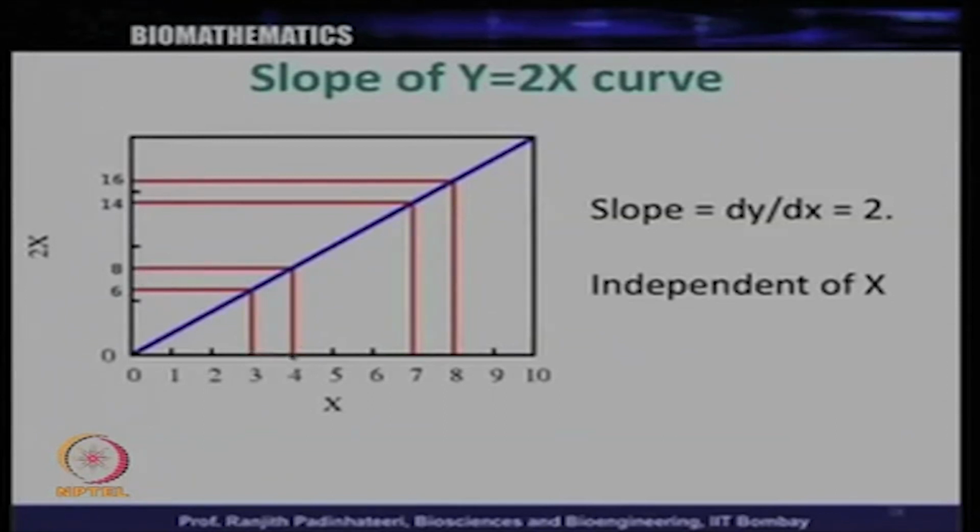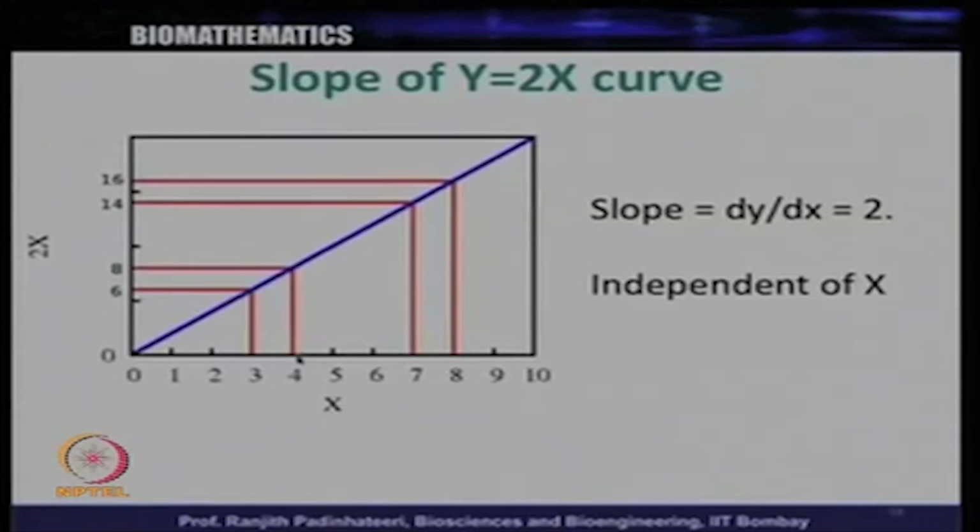Now, you calculate the dx, the change in x. If you go from 3 to 4, the change is 1. If you change this x value by 1, the corresponding y value changes by 2. The y value was 6 here, it became 8 here. So, 3 to 4, 6 to 8. So, dy is 2, dx is 1.